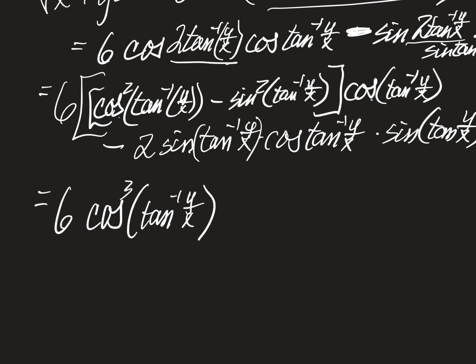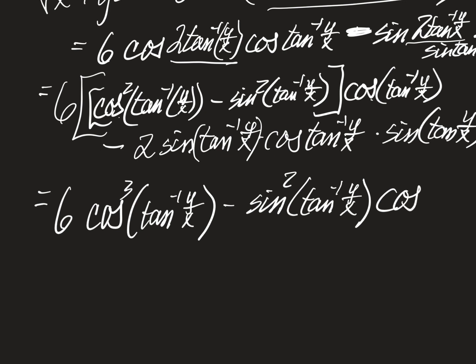And then you get minus a sine squared cosine. So minus sine squared inverse tangent of y over x, cosine inverse tangent of y over x. All right, and then this is all minus, so then we have a minus.